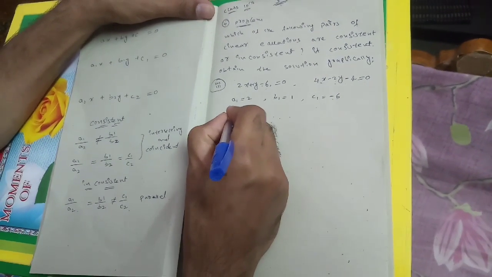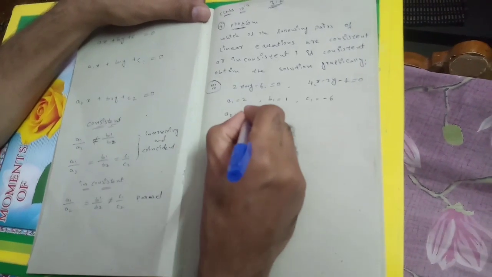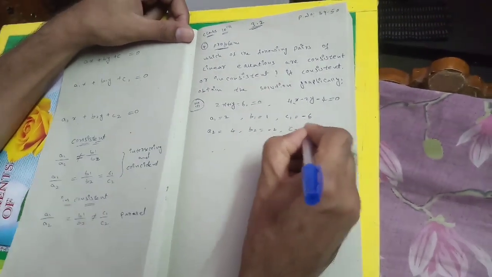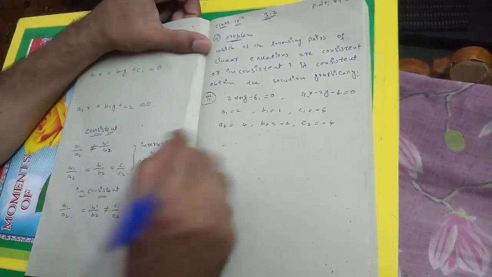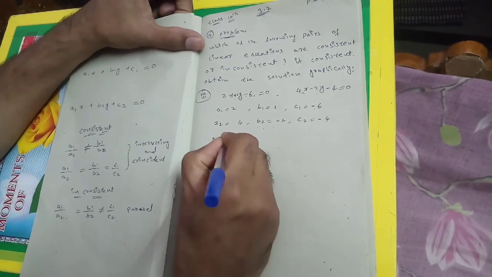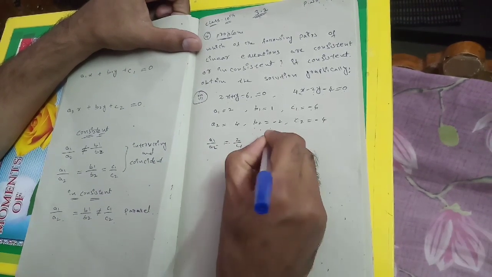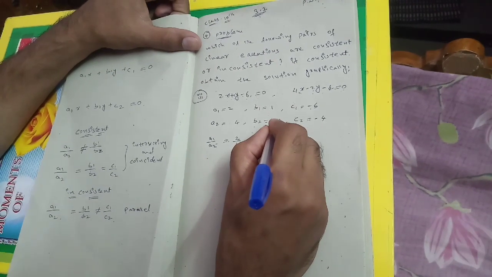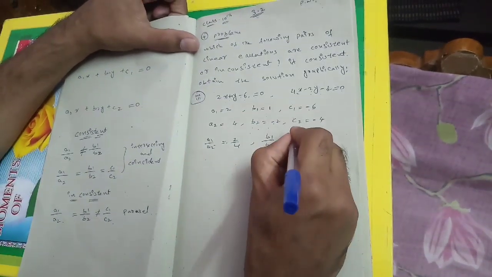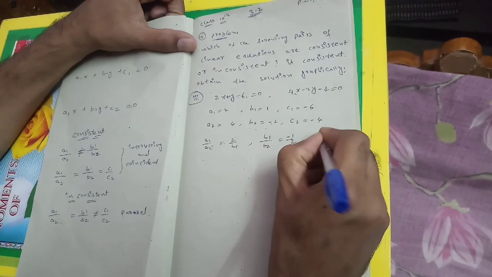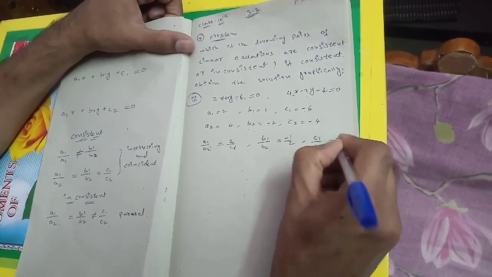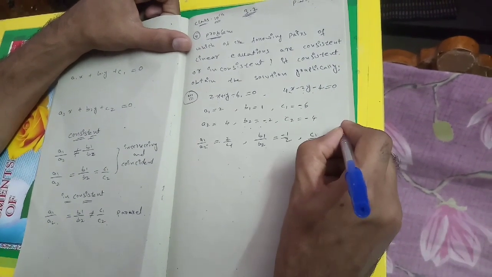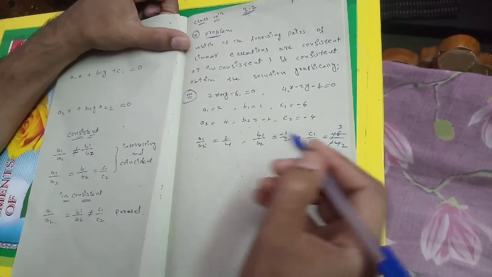Now for the second, a2 is equal to 4, b2 is equal to minus 2, c2 is equal to minus 4. Now we write a1 by a2 is equal to 2 by 4, b1 by b2 is equal to 1 by minus 2, which is minus 1 by 2, and c1 by c2 is equal to minus 6 by minus 4, the minus cancels, reduce to the lowest form.